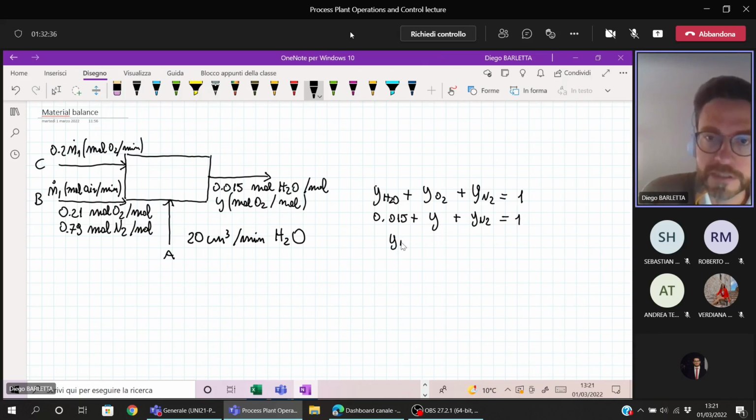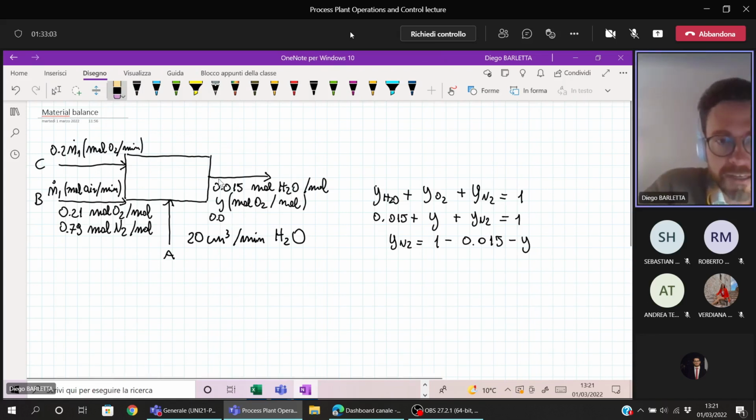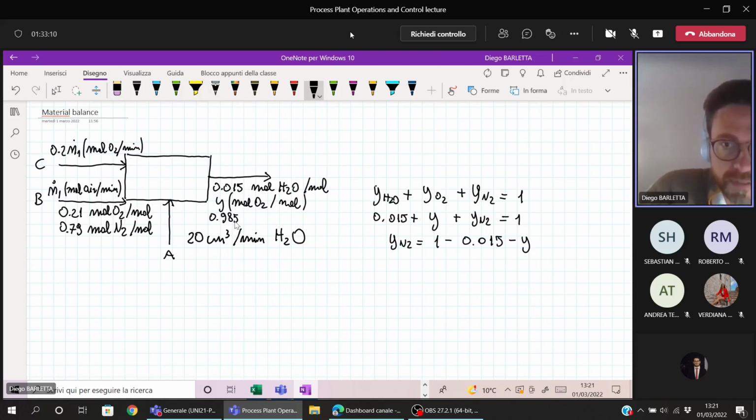From this, we have that epsilon nitrogen is 1 minus 0.015 minus Y. So we can report directly here 0.985 minus epsilon minus Y, and these are moles of nitrogen divided by mole.